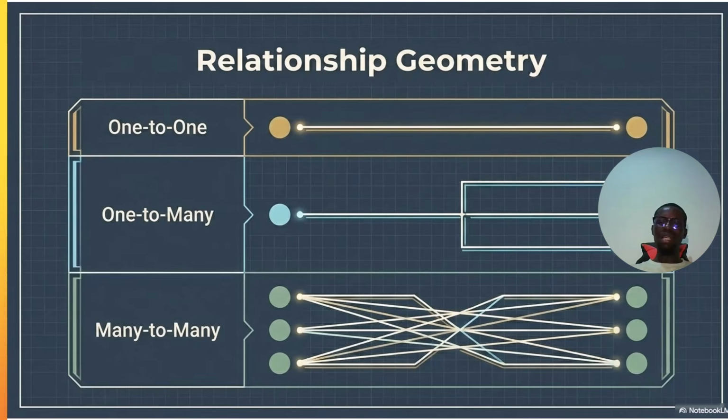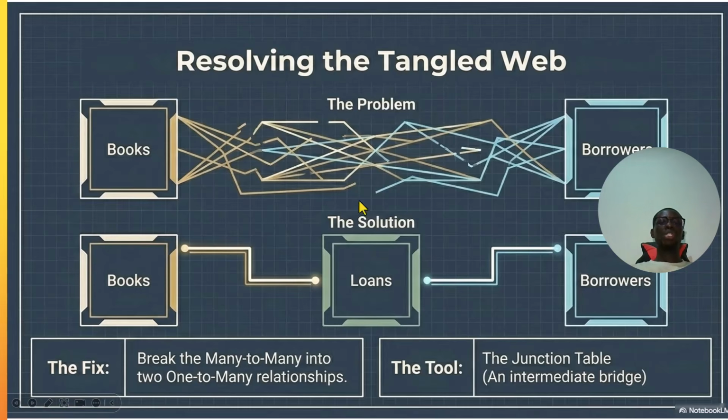And when it comes to the many-to-many relationship, one thing you can do to solve this issue, so that you do not have such a clustered thing, is to use what we term a junction table, or a bridge.